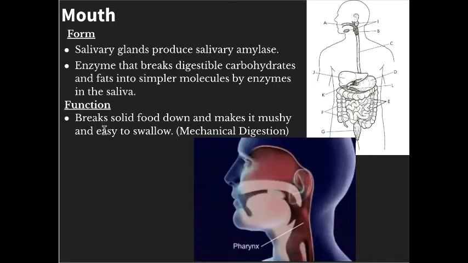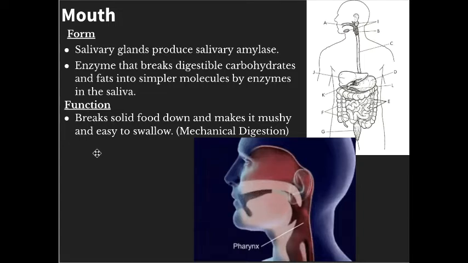We'll start with some structures here. Again, we want to look at how each of these structures is put together. How are they specialized to allow them to do what they do, which is their function? So think about the mouth. Its function is to break down solid food, make it mushy and easy to swallow. That's mechanical digestion.